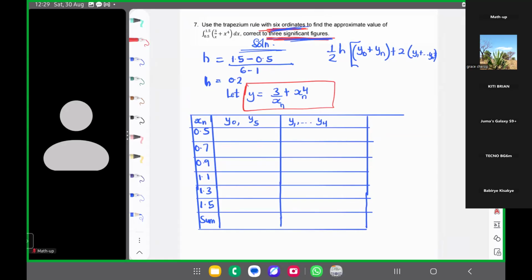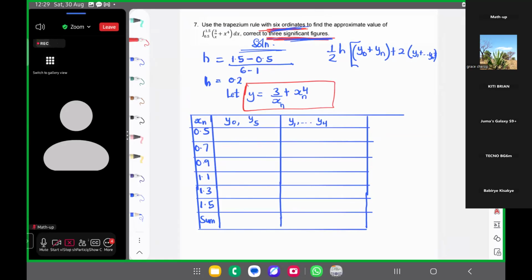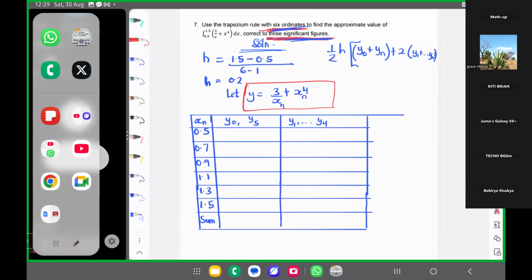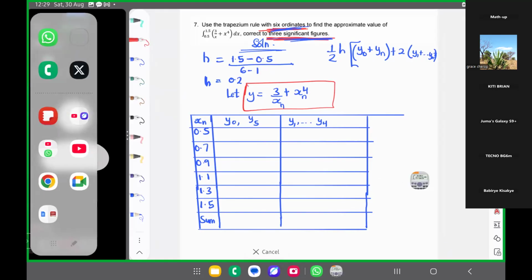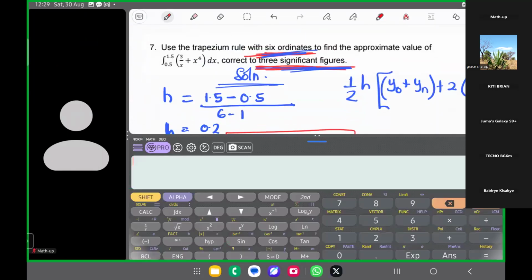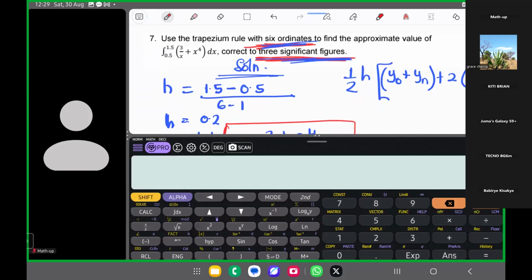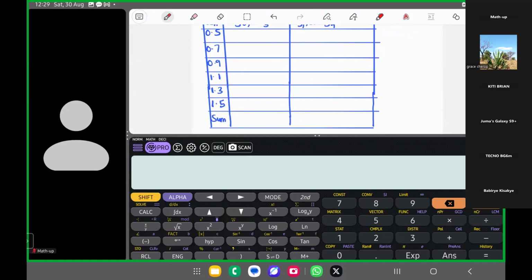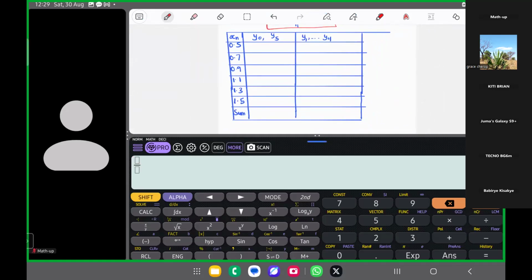Someone can put that in their calc and help us with those values. Which values are you guys getting?